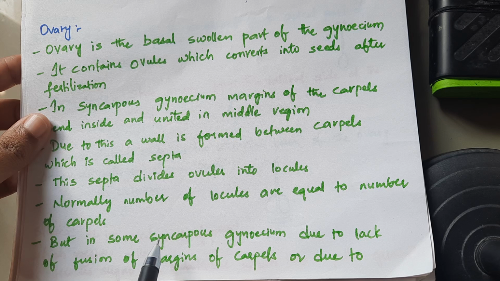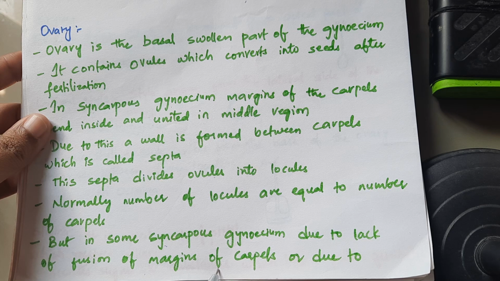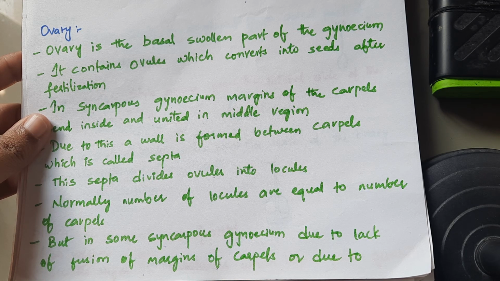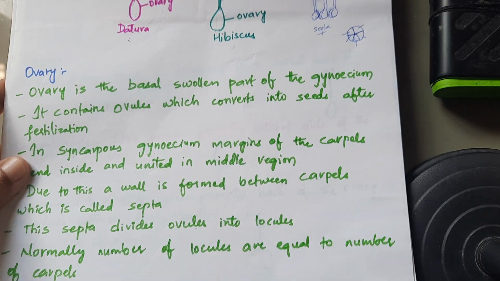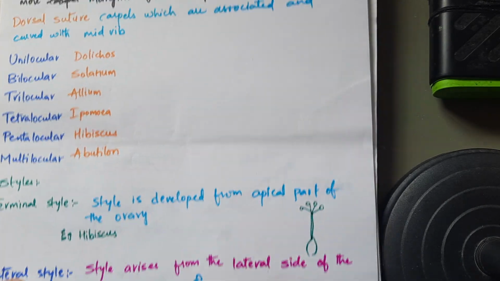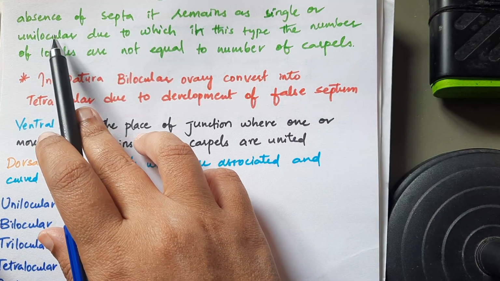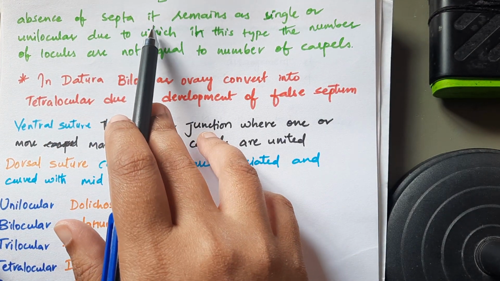But in some syncarpous gynoeciums, due to the lack of fusion of margins of the carpels, sometimes the fusion between the margins will not take place, or due to the absence of septa, no septa formation will take place.